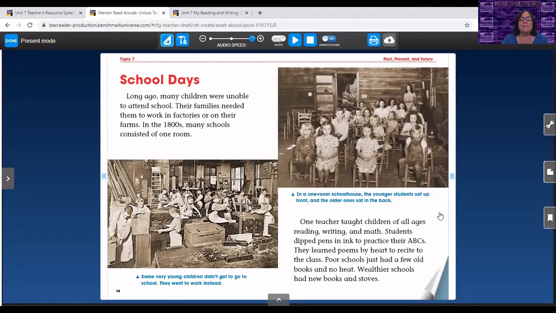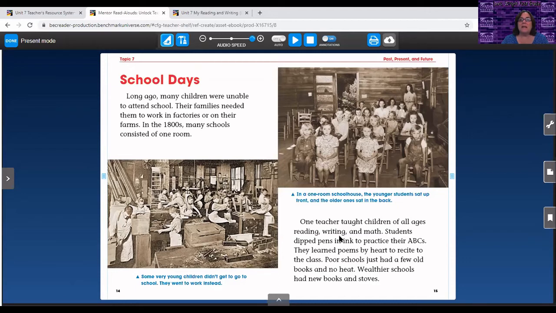All right, so let's think about some of the key details that we learned reading this text. The first thing I remember reading is that not all children went to school. Some kids had to work instead of going to school. And then under here, it tells me what the classrooms were like. It says, one teacher taught children of all ages.